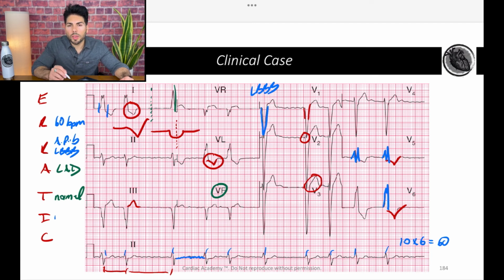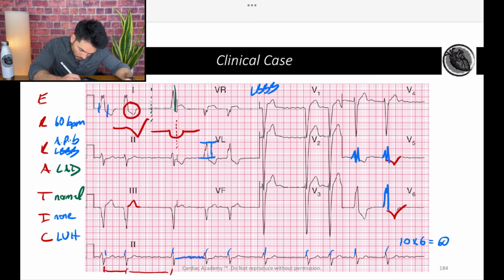If the R wave measures more than 11 millimeters, that's positive. And in this case, we see that actually it does. So 5, 10, and one more here. So it's meeting just 11 millimeters. So we have actually evidence of left ventricular hypertrophy, okay?